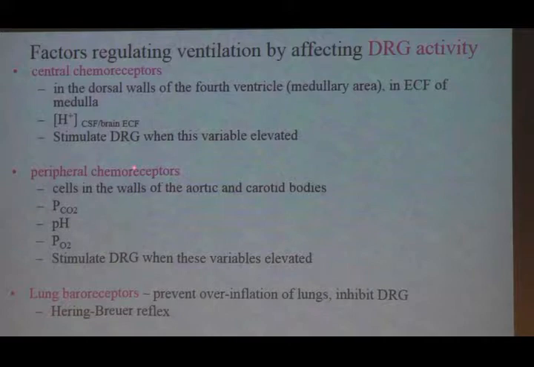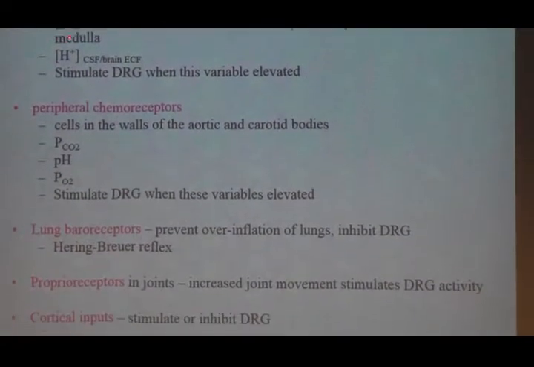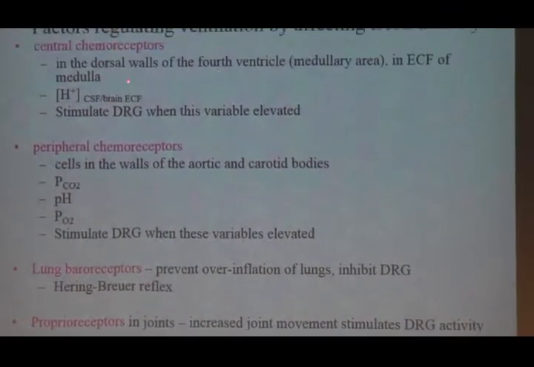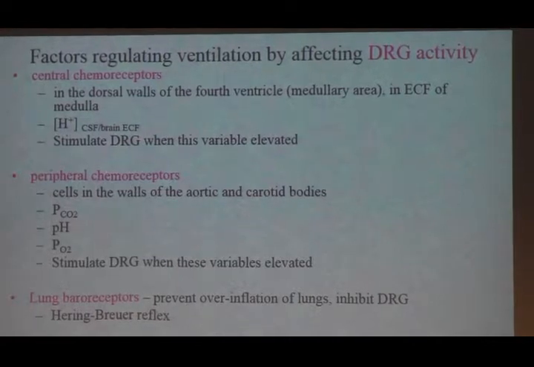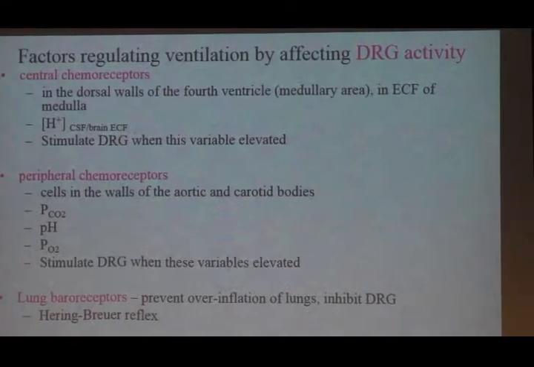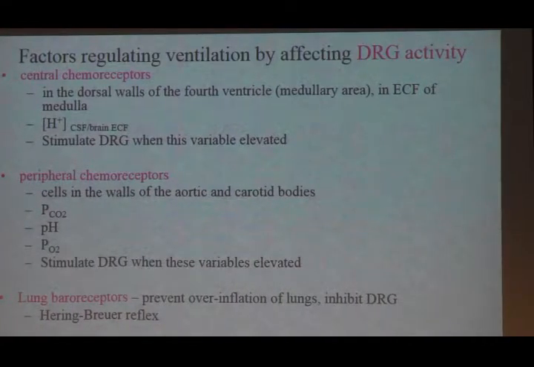Well, you will see that in the brain, specifically in the dorsal walls of the fourth ventricle, and the fourth ventricle is found in the medulla. So the fourth ventricle is found very close to the DRG. In the dorsal walls of this fourth ventricle, there's chemoreceptors. And these chemoreceptors will monitor the levels of hydrogen ions in the cerebral spinal fluid.